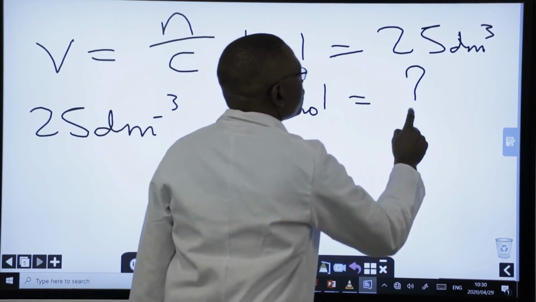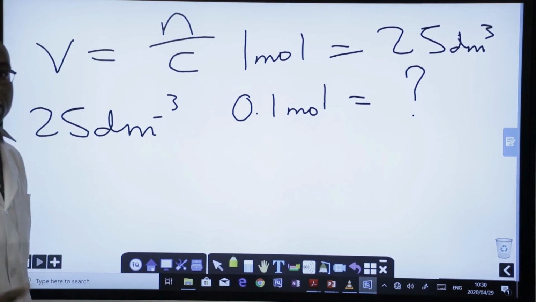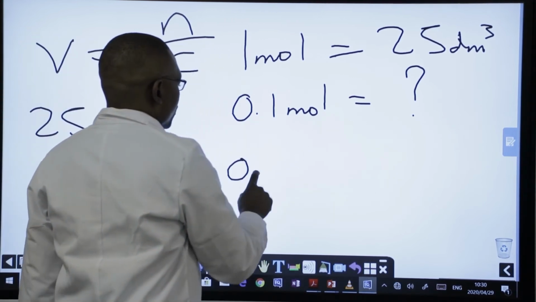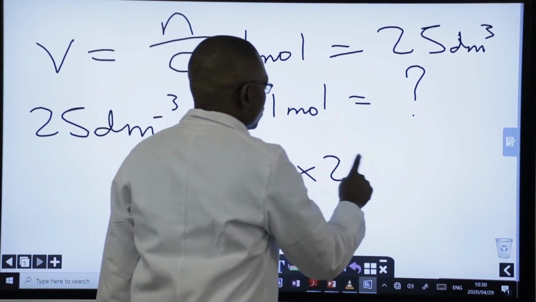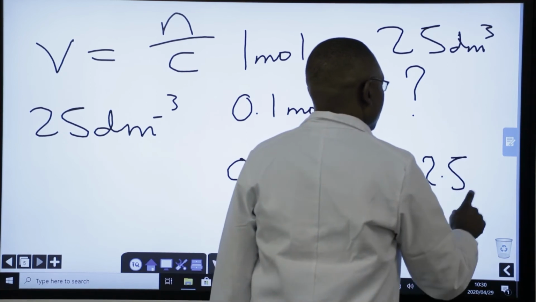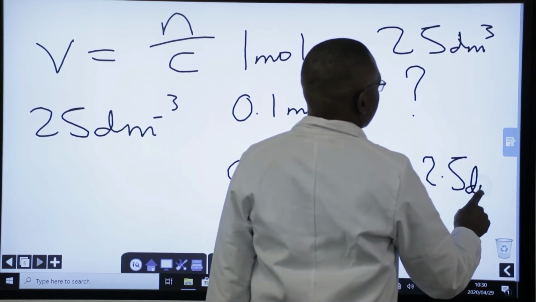Is equal to what? So this becomes a simple ratio where we cross multiply things. So this will become 0.1 times 25, which gives you 2.5 dm cubed.